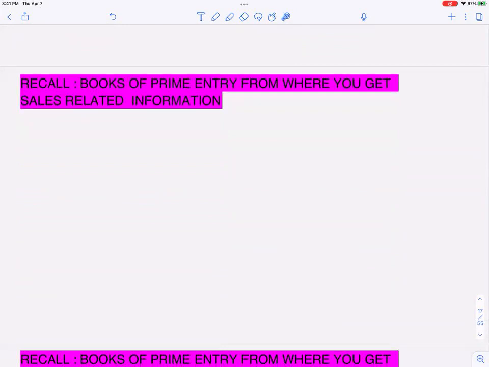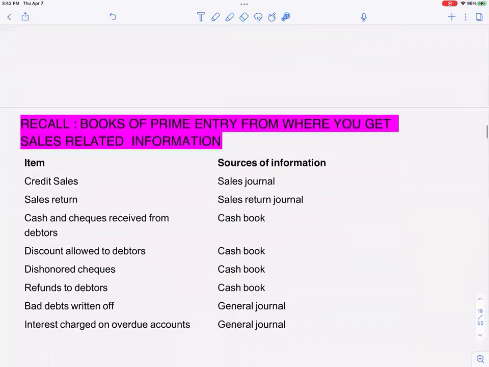Try to recall the books of prime entry from where you get sales related information. Credit sales you will get from the sales journal. Sales return from the sales return journal.